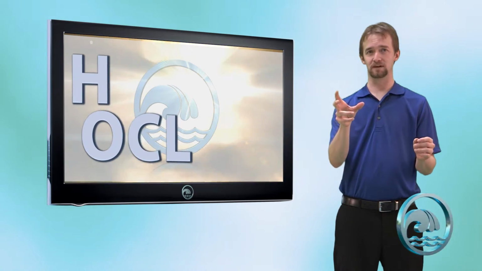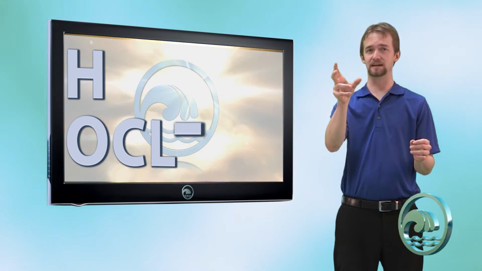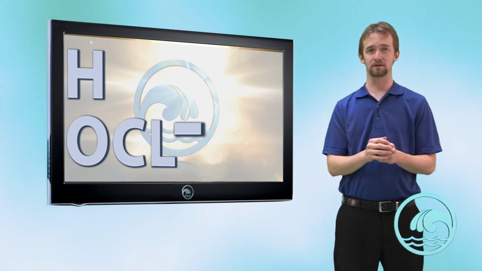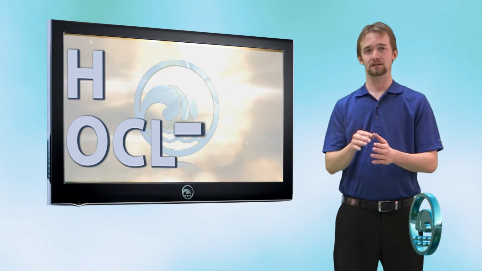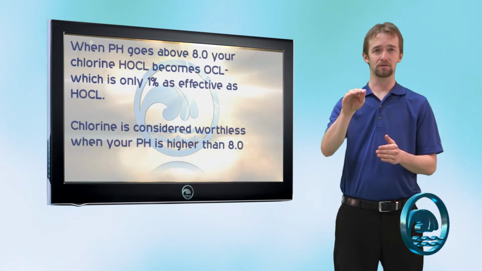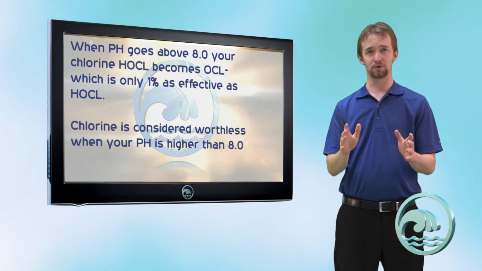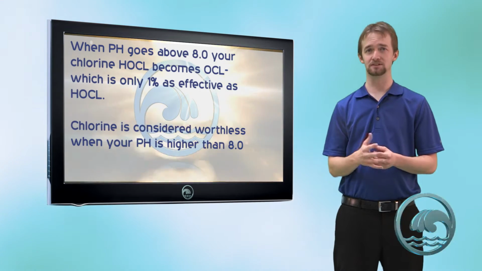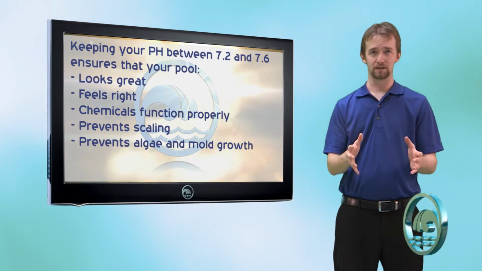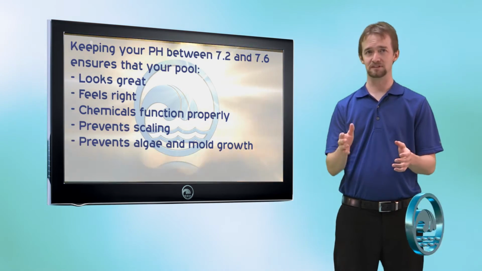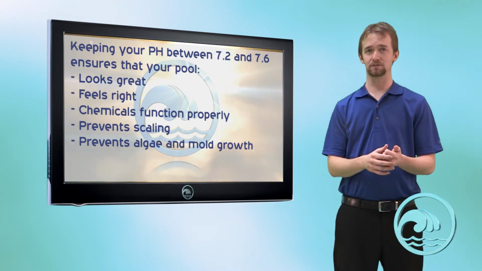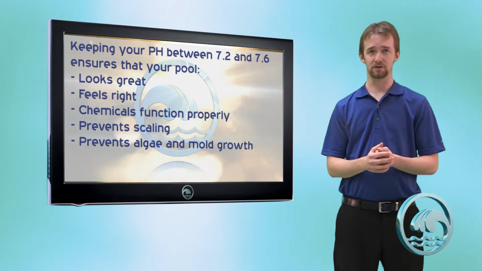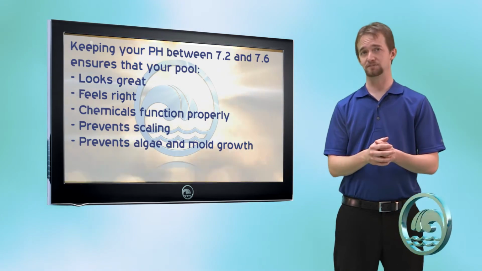So what you're left with as your chlorine is a thing called OCl negative, which is only 1% as effective at sanitizing water as HOCl. So when your pH goes above 8.0, your chlorine can no longer function properly, meaning it won't suppress algae and it won't be able to kill bacteria and germs. So regularly maintaining your pH between 7.2 and 7.6 ensures a better look for your water, prevents calcium scaling, and ensures proper chlorine function. So how do you test for pH?